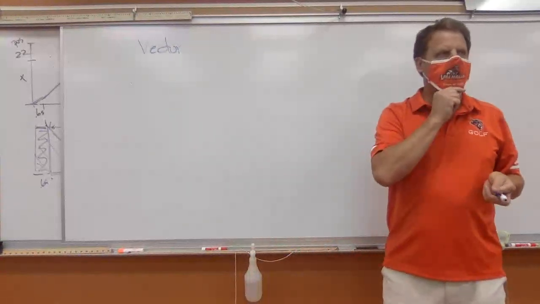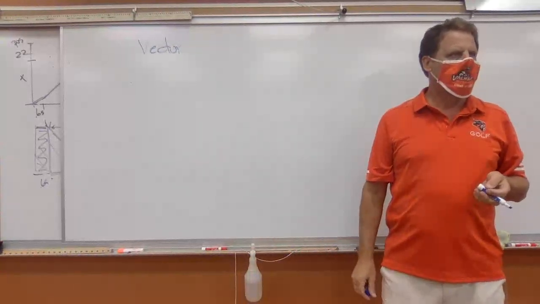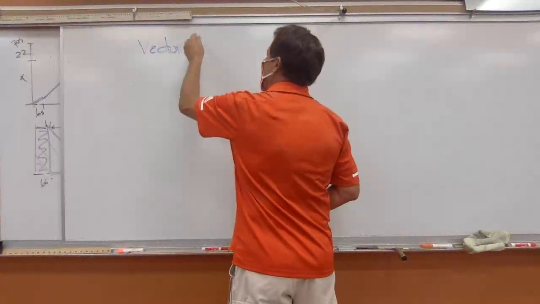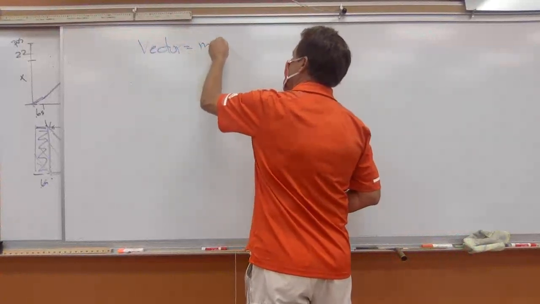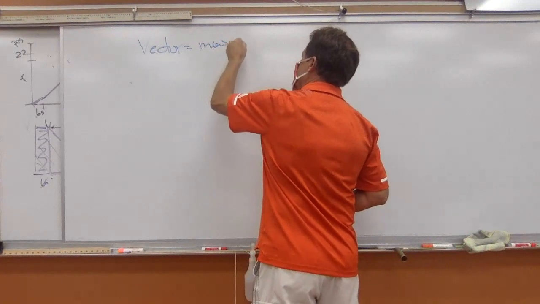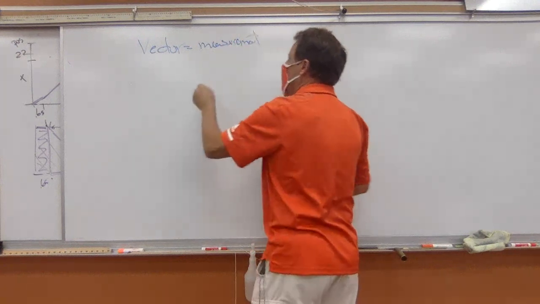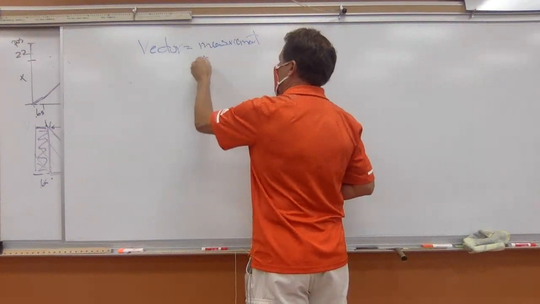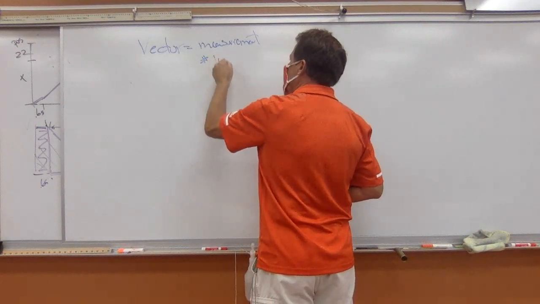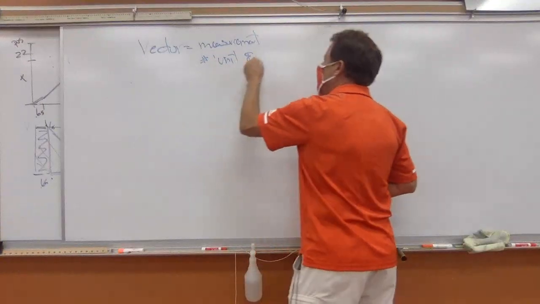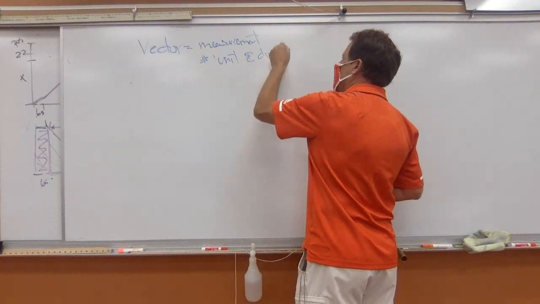So a vector. What is a vector, guys? It's going to be a measurement, which is going to have a number, a unit, and a direction.